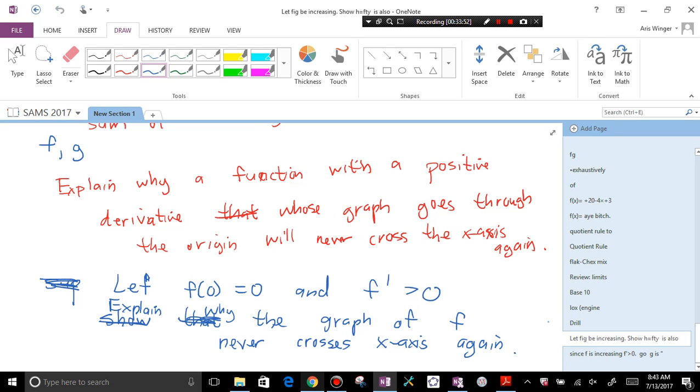I might say draw a picture that represents this. Draw a picture of a function that goes to the origin with a positive derivative. And by the way, as you try to come up with an explanation of why this is true, you should probably draw a picture because it gives you an idea of why this is true. So draw a picture of a function that goes through 0, 0 with a positive derivative, and then convince yourself why you can't hit the x-axis other than the origin.